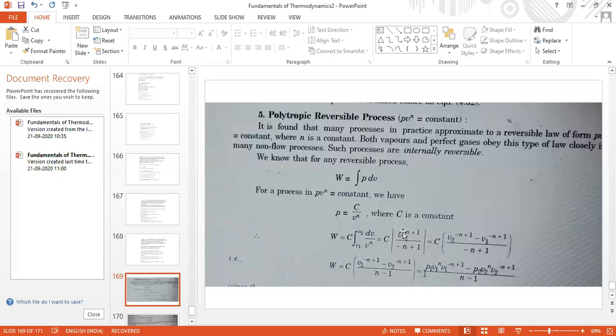So instead of n, the power is minus n here. So here we write V2^(-n+1) minus V1^(-n+1) by (-n+1). See, the mathematical manipulations, you can definitely substitute, but what is required is a little care.